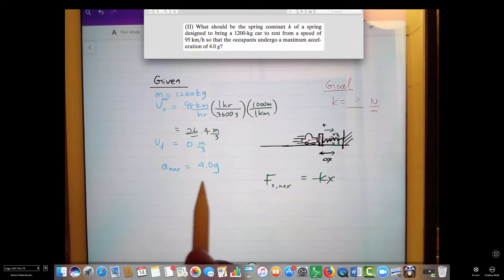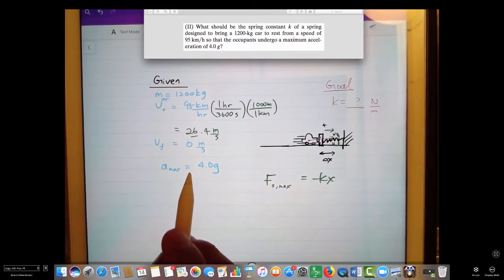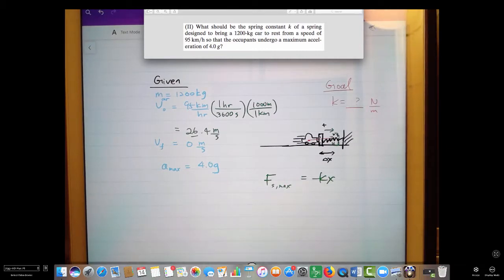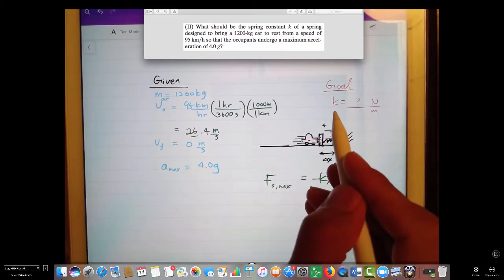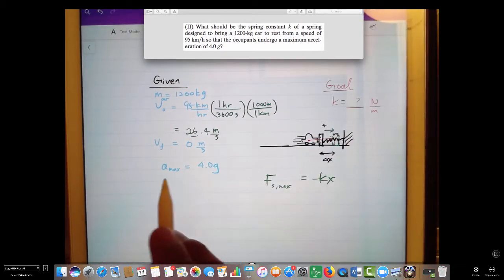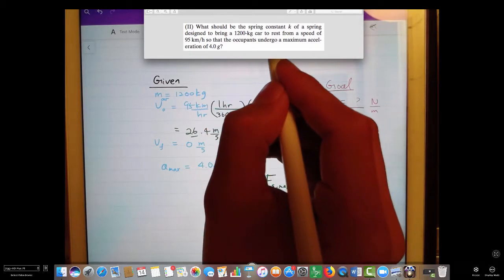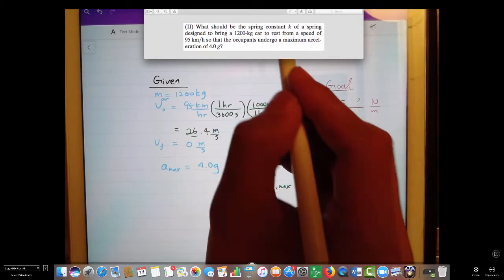And the maximum acceleration we want is 4g, 4 times the gravity constant. And ultimately our goal is to find the spring constant that can accommodate our maximum acceleration. So conservation of energy is the key here.